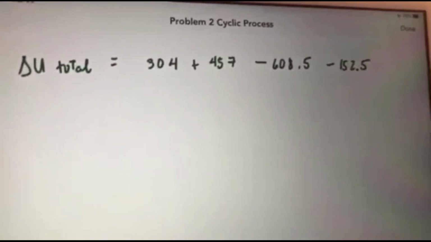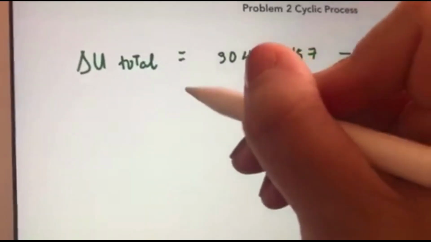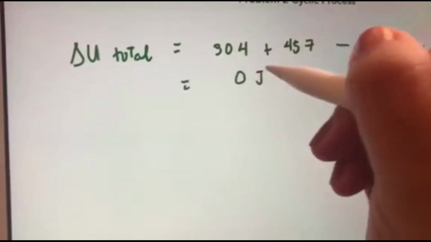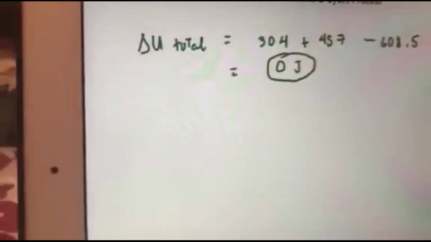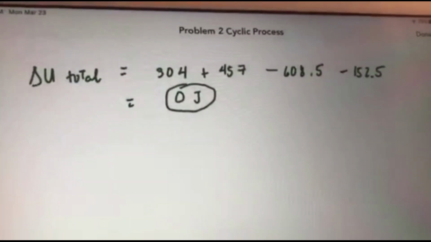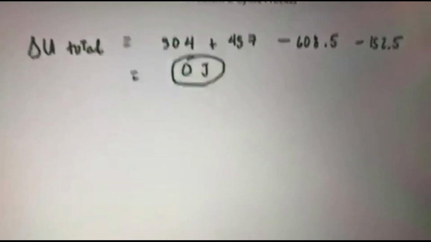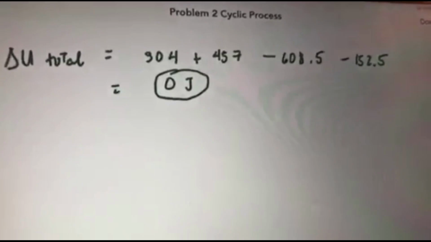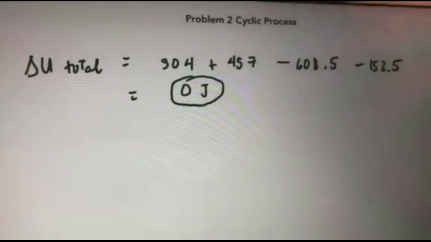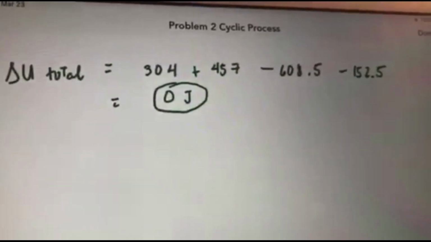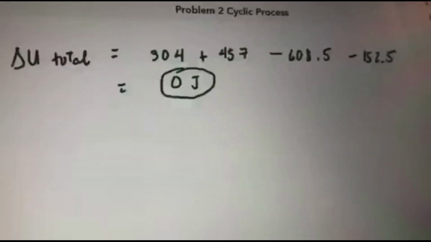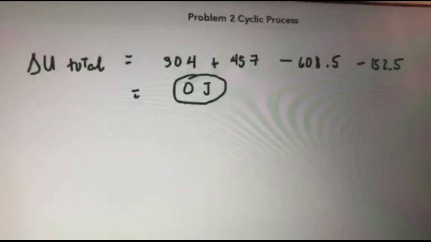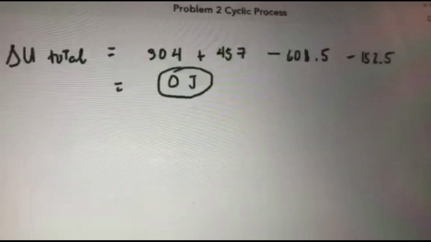So we would be getting delta U equal to 0 joule. This is true for a cyclic process: delta U total is equal to 0 joule. And internal energy, take note, is also a state function.